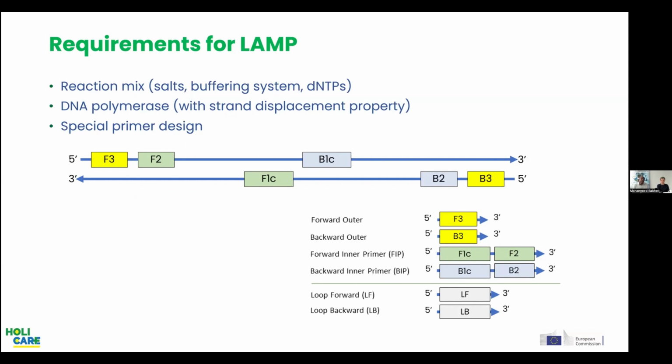There is also a DNA polymerase, but this one has a very important characteristic that enables the LAMP reaction: the polymerase used here should have strand displacement property. That's to say, it's able to nick out a DNA strand while building a new one, as I will demonstrate shortly.